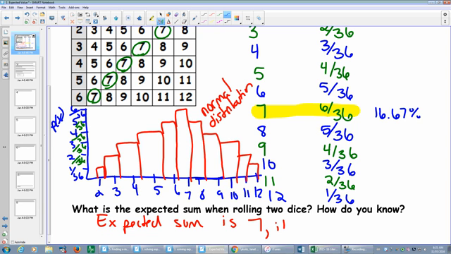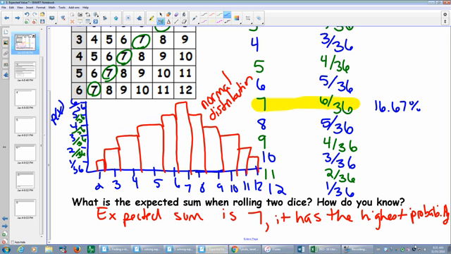And that is because it has the highest probability. Now, you also have to know that because it's a normal distribution, the 7 is the mean, median, and mode when we're talking about all of the outcomes and the probability. Does anyone have any questions with what we've done so far?